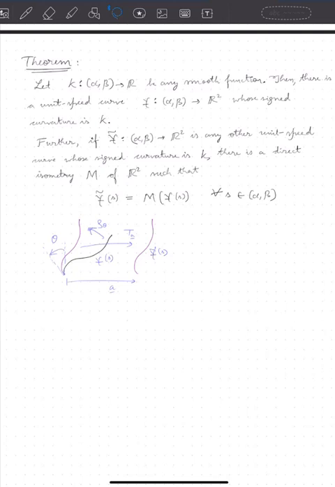Now say if gamma tilde is a mapping from the interval alpha beta to R2, and if it's any other unit speed curve whose signed curvature is kappa, then there is a direct isometry M of R2 such that gamma tilde of S is equal to M of gamma of S. So this is what we'll start with today.